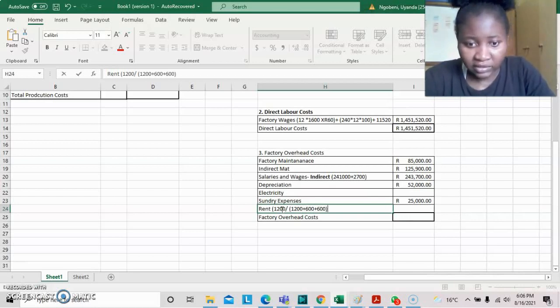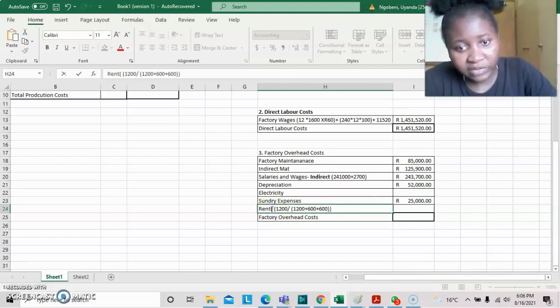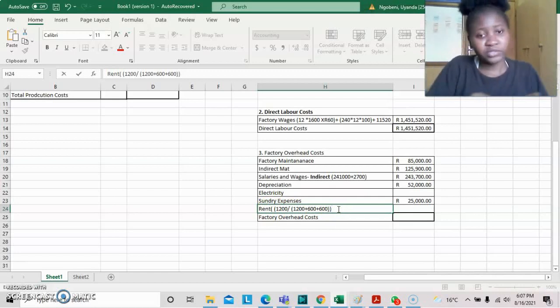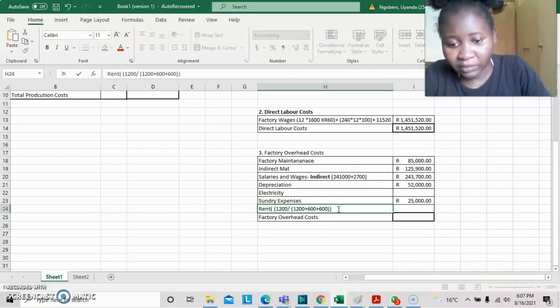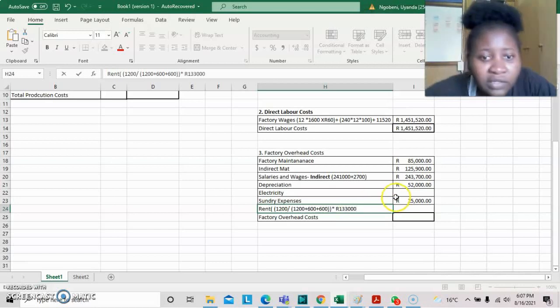After whatever you get, you will then multiply it by 133,000.